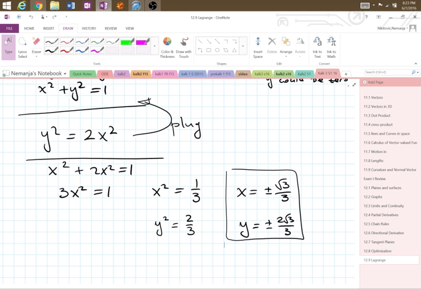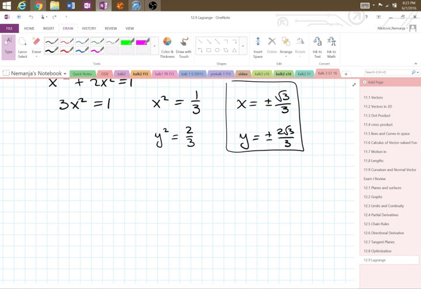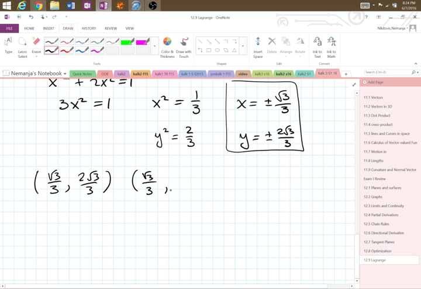So we can have root 3 over 3, comma, 2 root 3 over 3. The next point is root 3 over 3, comma, negative 2 root 3 over 3.